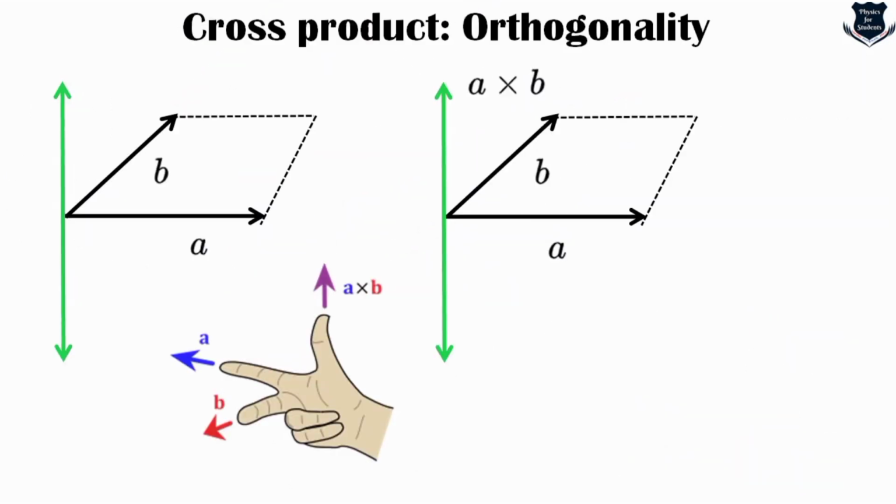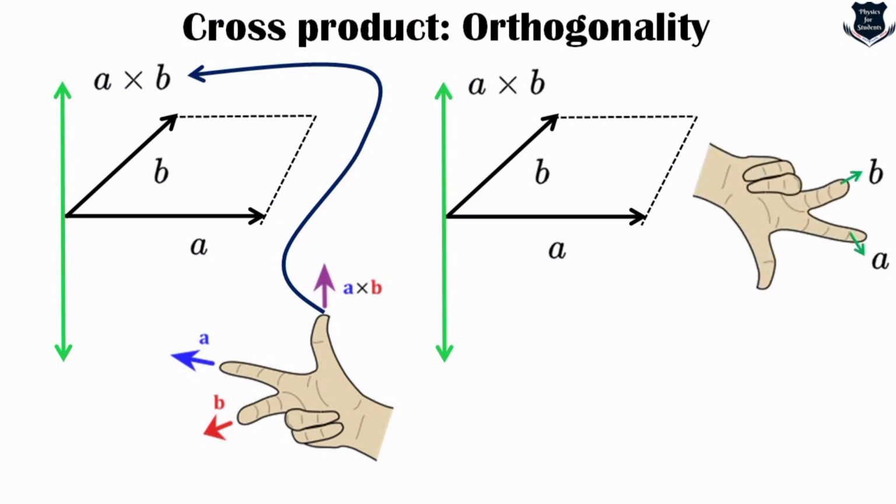So the changing of the order of multiplication gives a vector in the opposite direction. This means that in the picture which I have just shown, one of the vectors will be A cross B, while the other will be B cross A. Which one is which? Now here is the right hand rule which I have shown. In calculating A cross B, we take our hand and curl fingers starting at a point, and then the direction is this, and this leads to this conclusion, A cross B. Right, now the direction of that thumb is pointing towards A cross B. Now let us take B cross A, right?